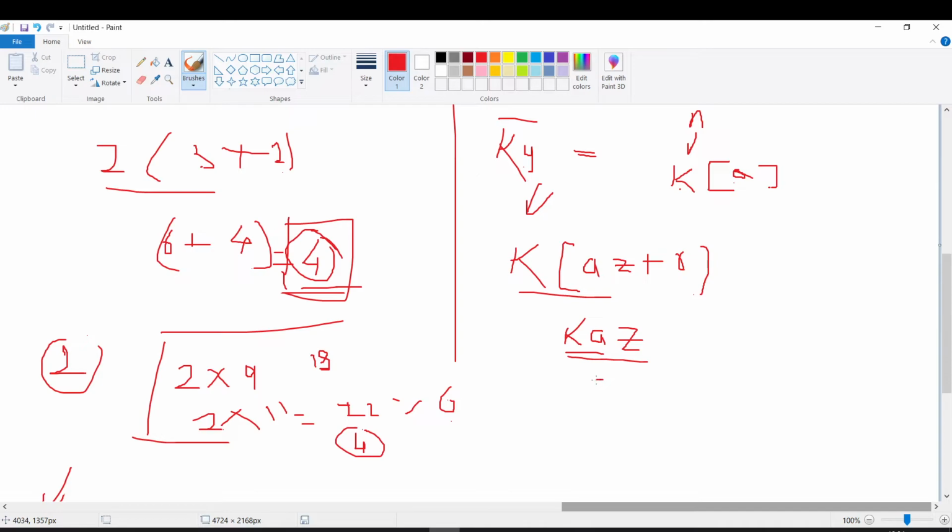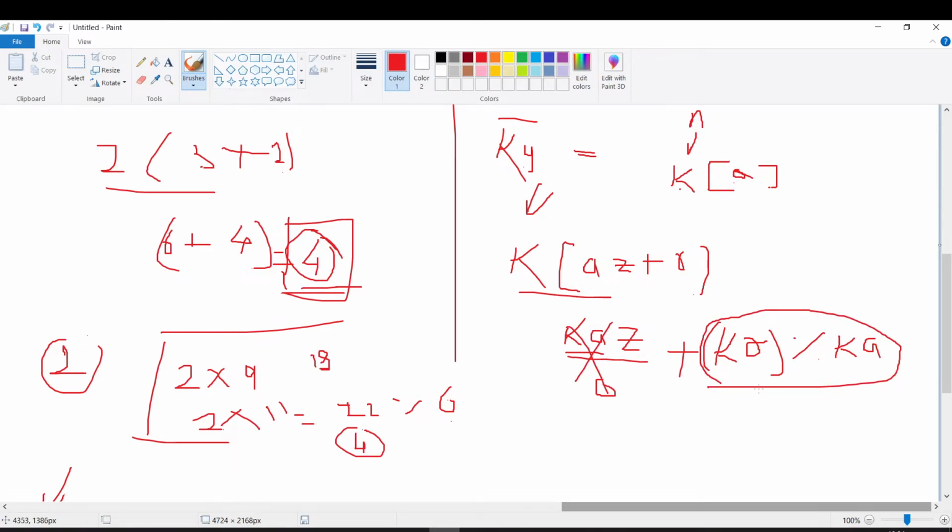So it will leave a remainder of 0. Now the left part will be k into r. Now if we take the remainder of this value with respect to ka, this is the value that we need, right? Because this is redundant, we just need this value. And if you see, this r is always lesser than a, because r is nothing but the value that's left after we do y modulo a.